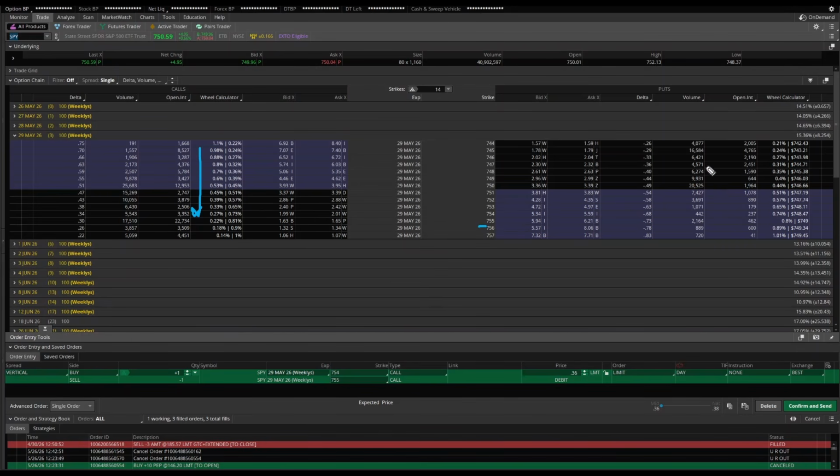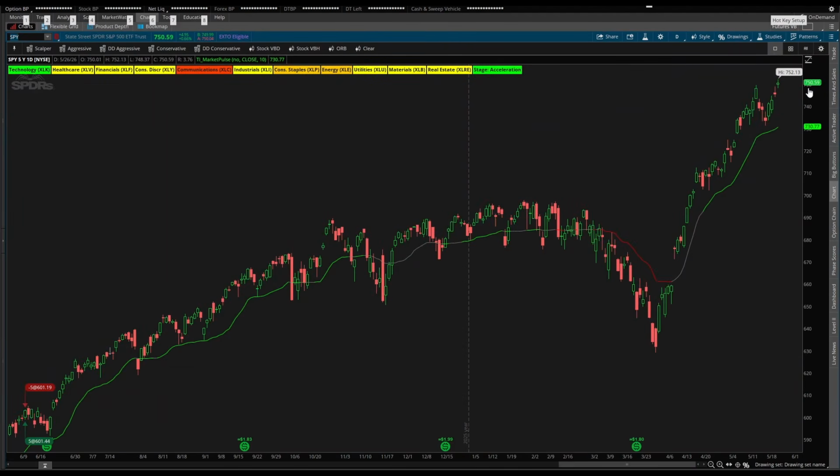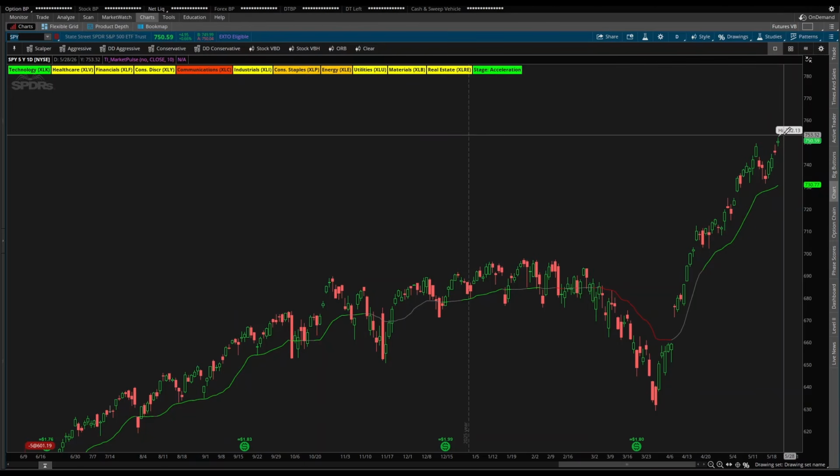You look on the put side, you have the 750 strike that's standing out with 20,000 volume. But in open interest, we have 755 that stands out. So if we come into SPY, we have 750, 755. That gives us a very small, narrow range in which we're looking for the S&P to chop around this week.